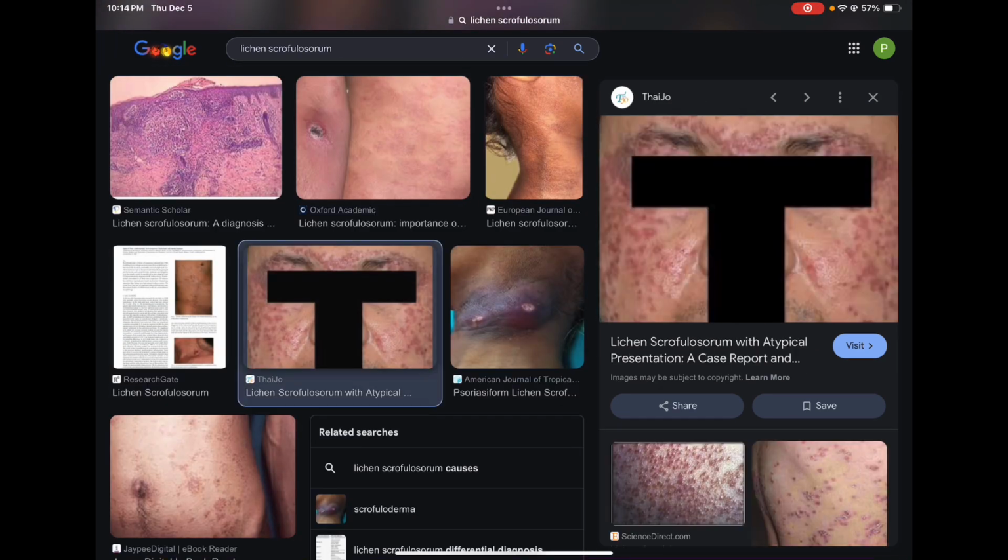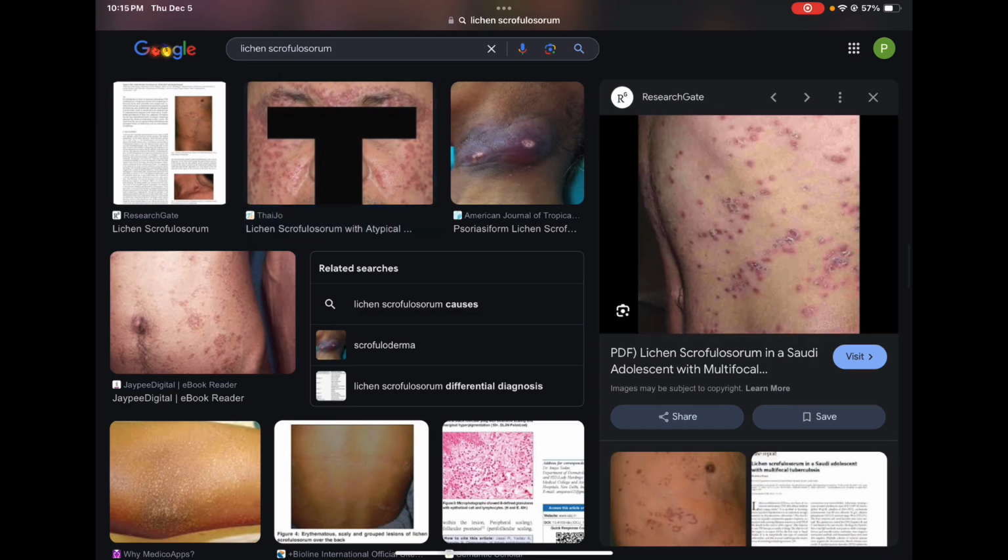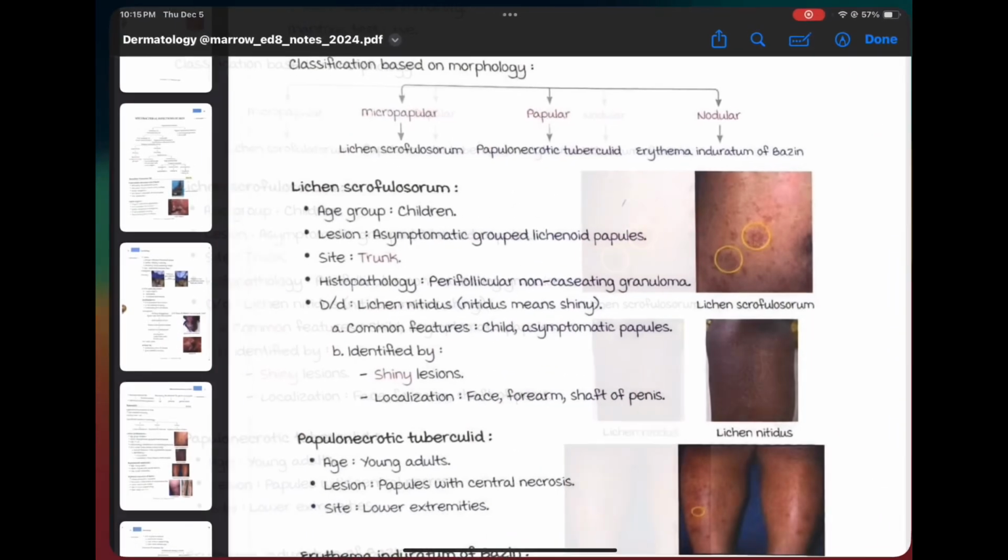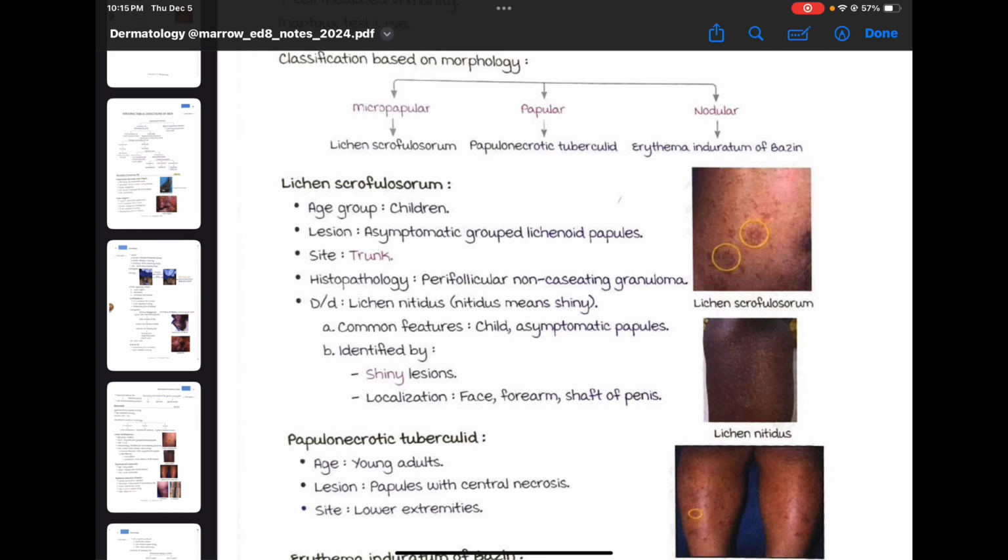Definitely something different than what you usually see. So that is lichen scrofulosorum. Age group, children. Lesion, asymptomatic grouped lichenoid papules. Site, trunk. Histopathology, perifollicular non-caseating granuloma.